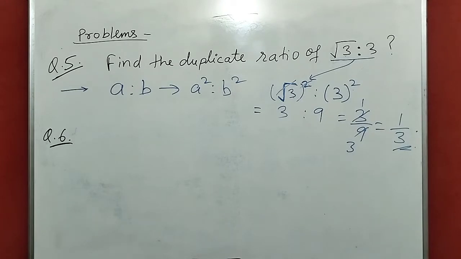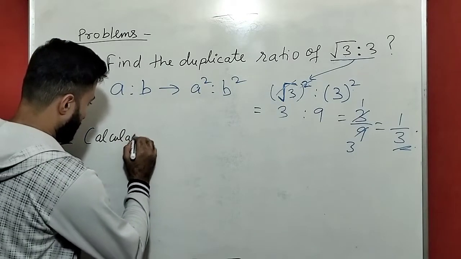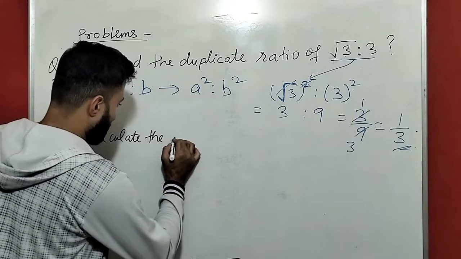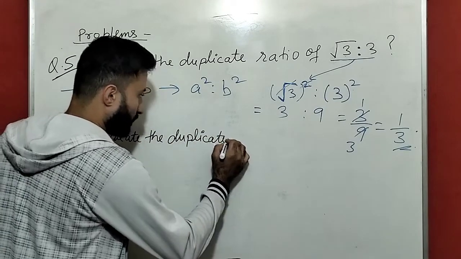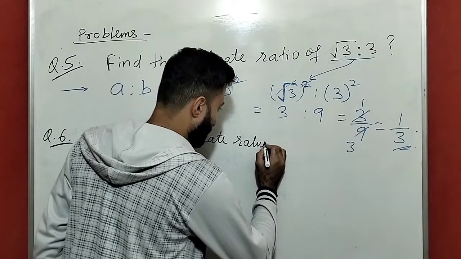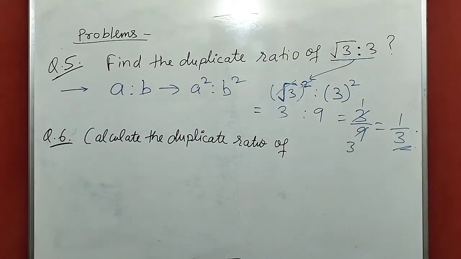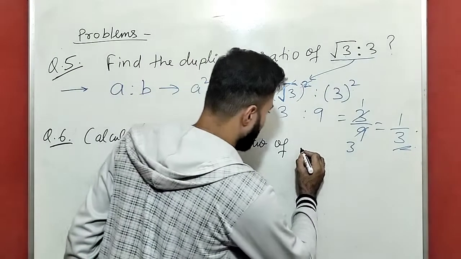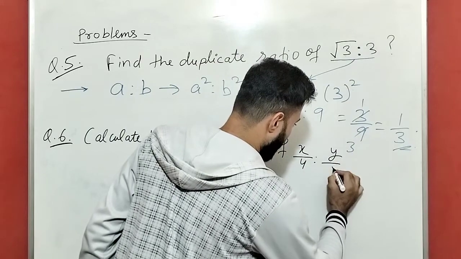Calculate the duplicate ratio of x by 4 is to y by 5.